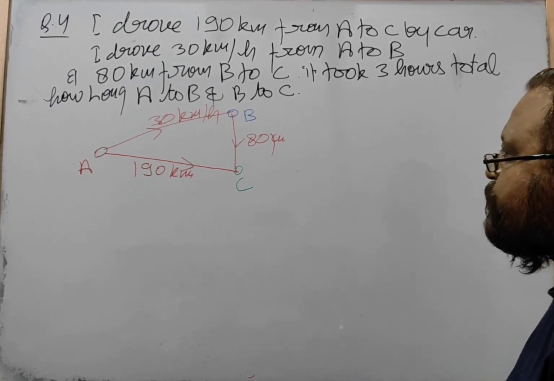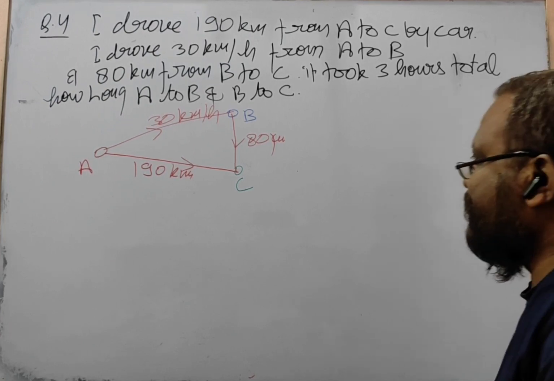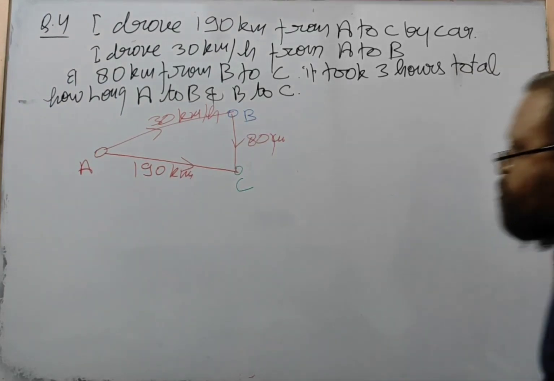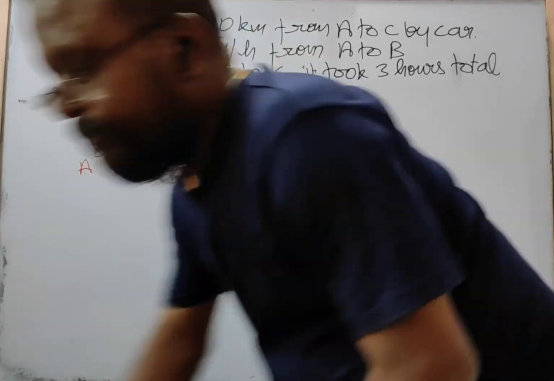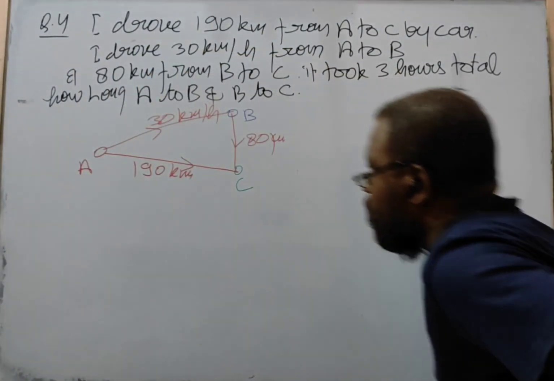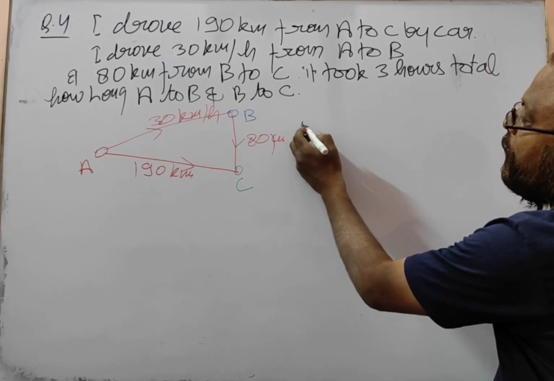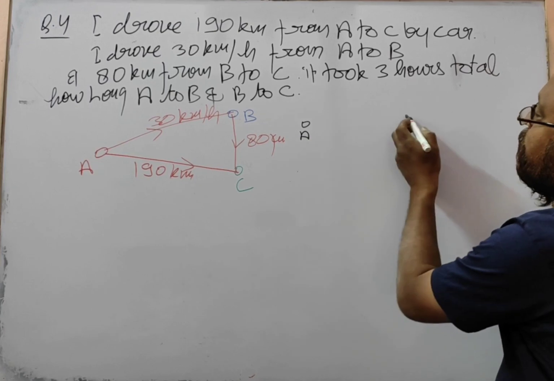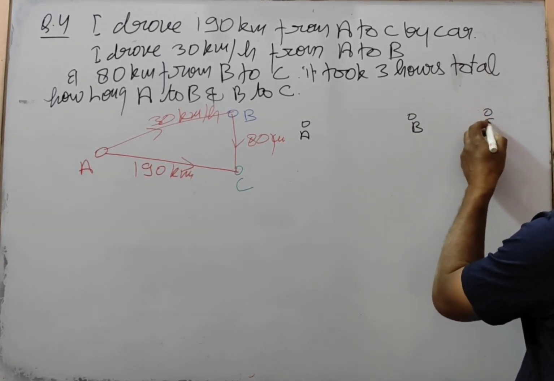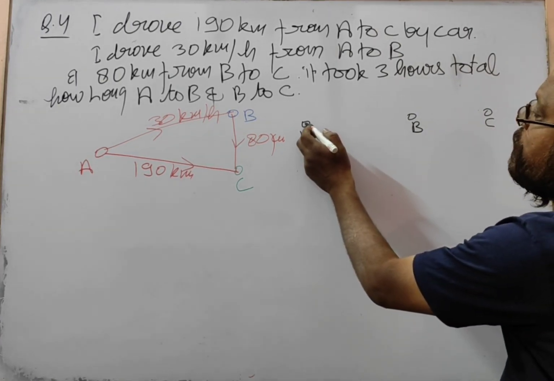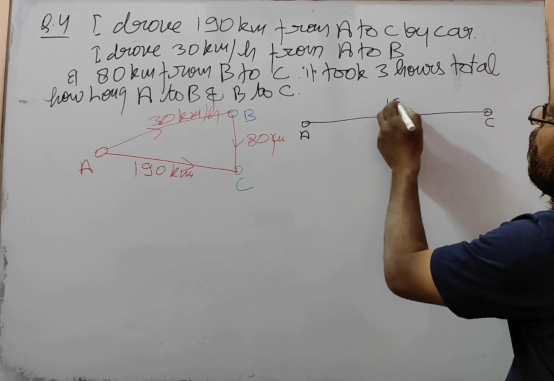One more thought process can be there. Obviously. So there are 3 points on a straight line, like A, this is B, and this is C, right? If it is moving from here to here, that is 190 kilometers.